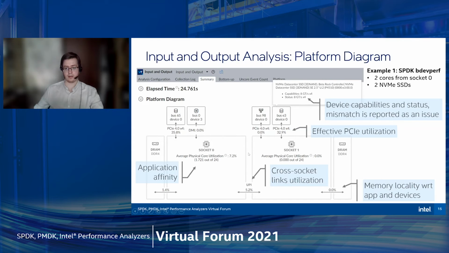So we have effective PCIe link utilization. This is not the full PCIe utilization, because this ratio shows you what portion of physical bandwidth was spent on data movement. So it does not take into consideration the overhead, like TLP headers and physical encoding.